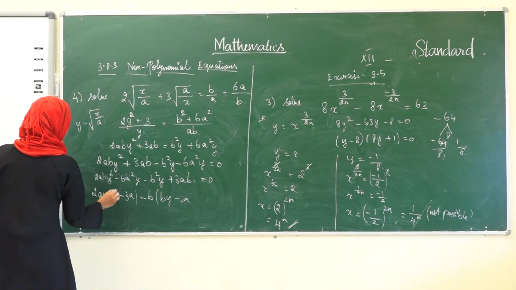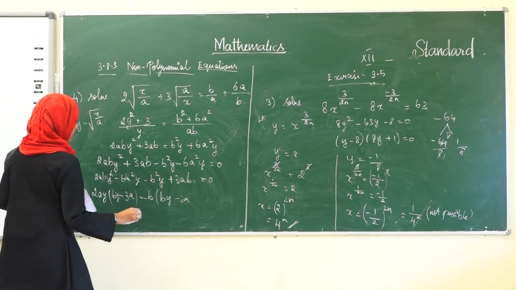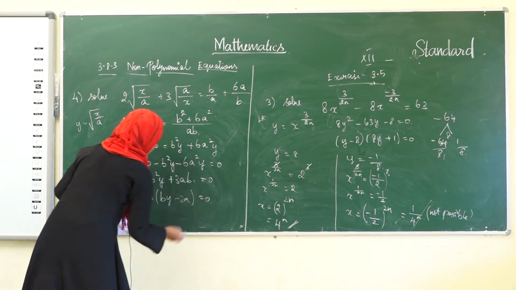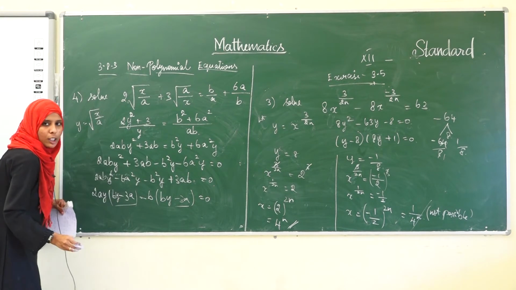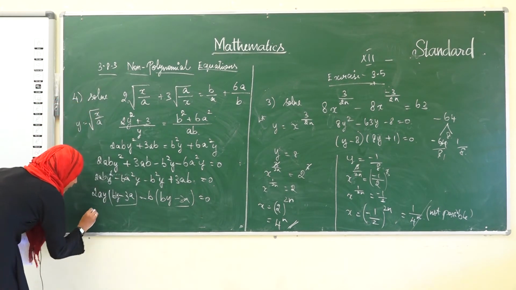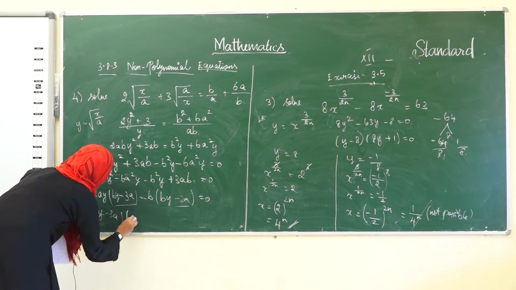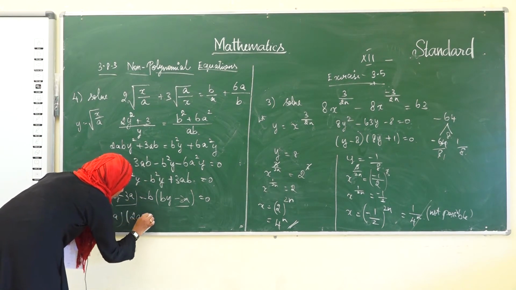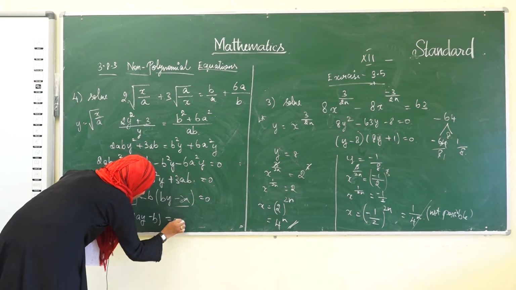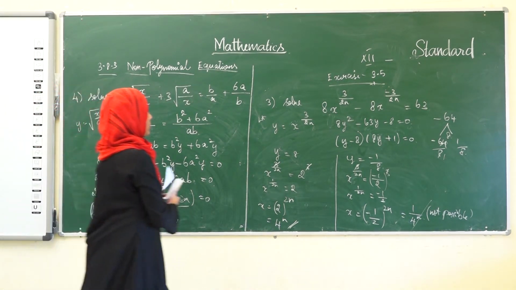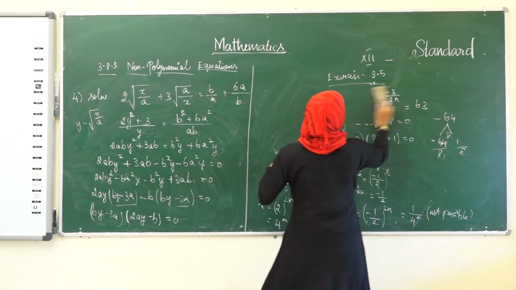Here it is y square, therefore b y will be here, minus 3a, which is equal to 0. See, these two terms are common, therefore we can take this outside. What's the value again? b y minus 3a into 2ay minus b is equal to 0.